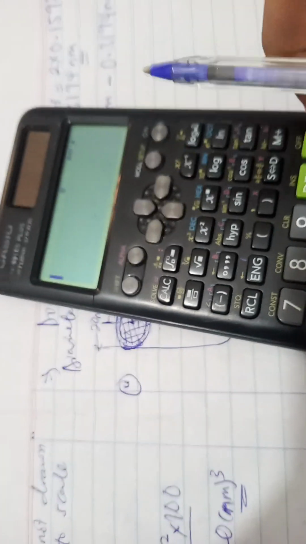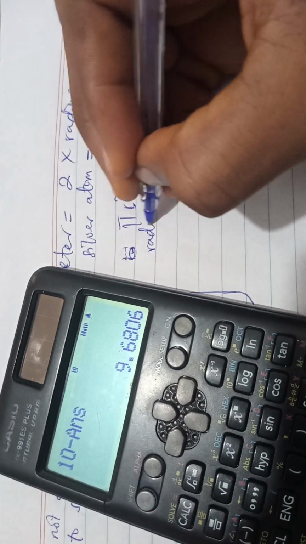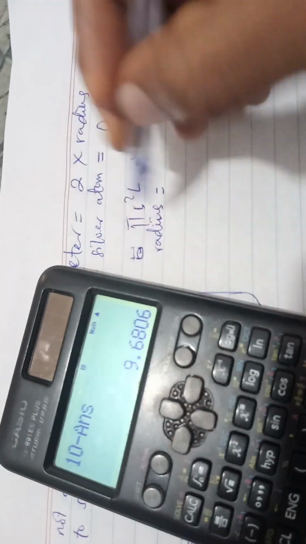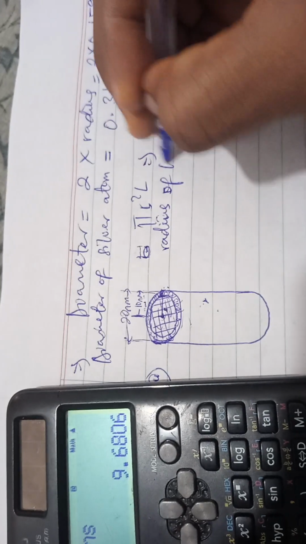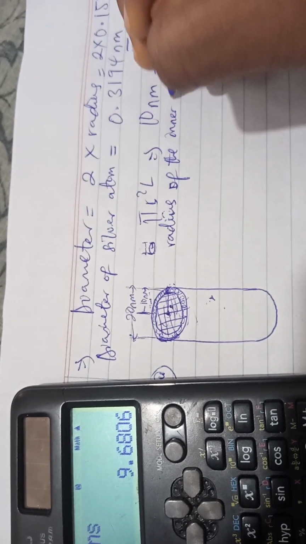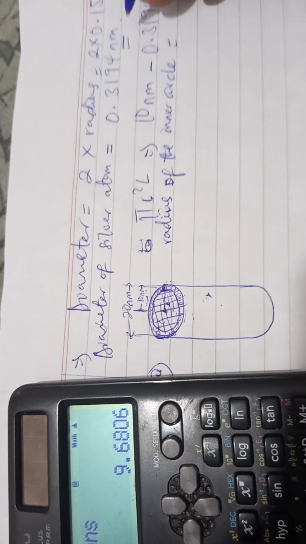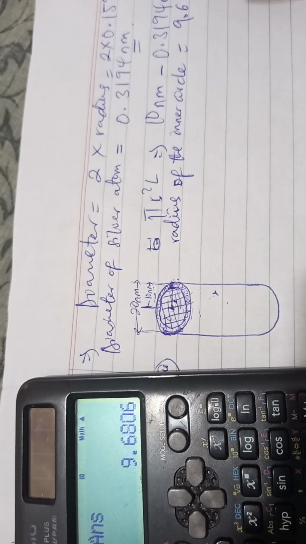So we do 10 minus that answer, and we have the radius. You can call it the new radius or the radius of the inner circle, anyhow you want to call it, to be 9.6806 nanometers.